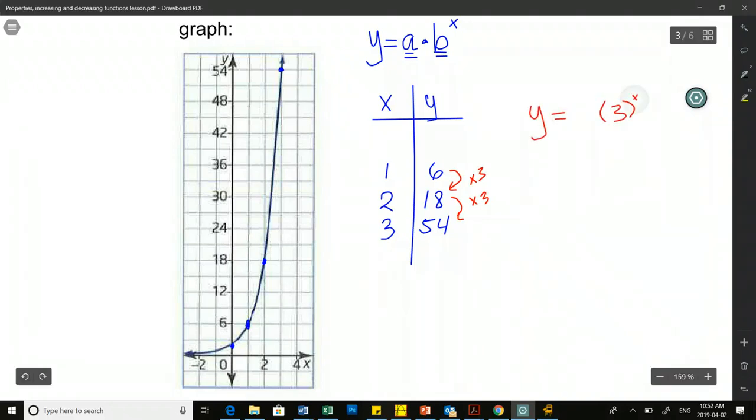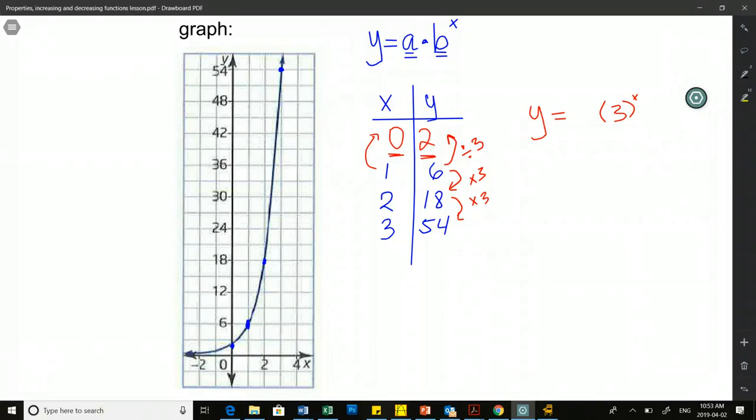I still need the a value, or the y-intercept. So if this is going by 1s, if I go back 1, how could I get that number from 6? Divide by 3. So what does that give me for the y-intercept? 2. So at a time of 0, my initial value is 2, essentially is what we're saying, right? Or at an x value of 0, my y value is 2. That is the a value.